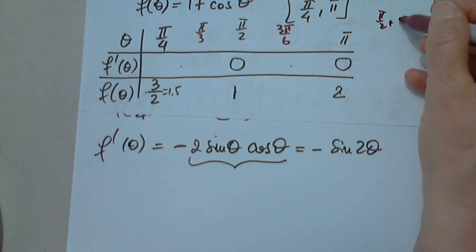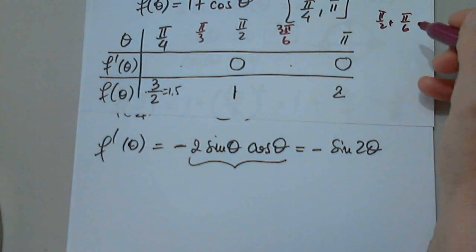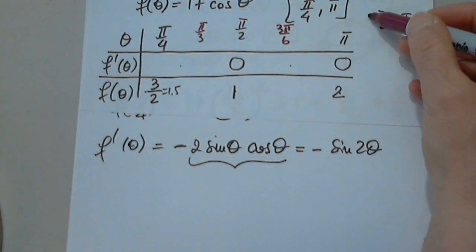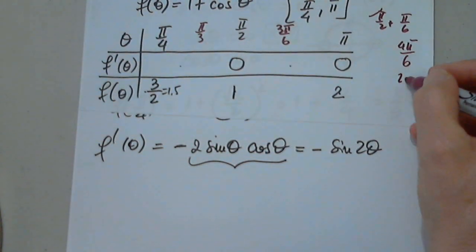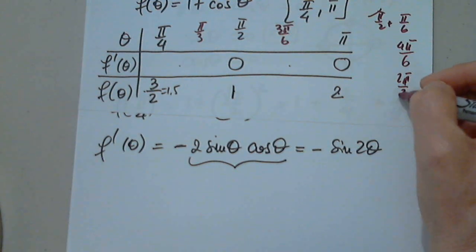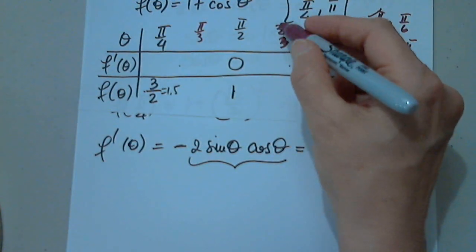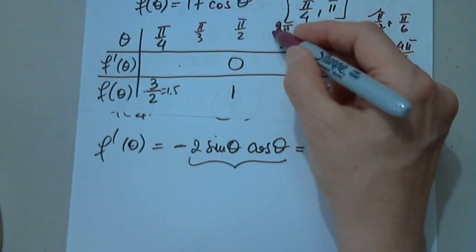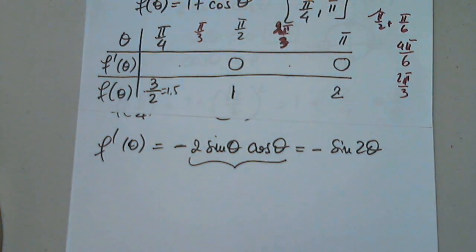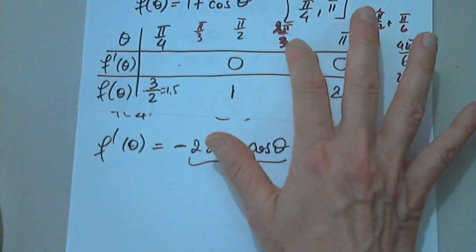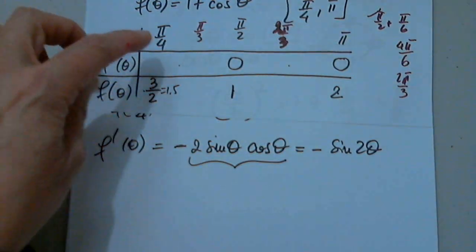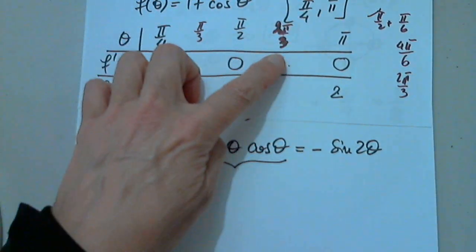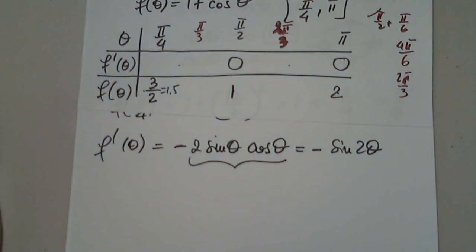So this is 4 pi over 6 or 2 pi over 3. Or just any angle. It doesn't matter. I can erase those and we just plug them in, but it's easier if we just use angles. But probably the answer is not going to be exact anyway.